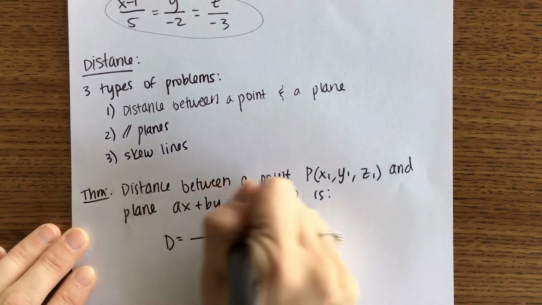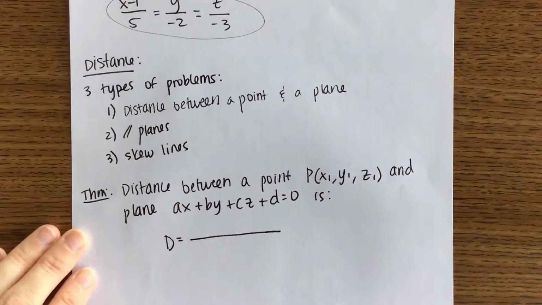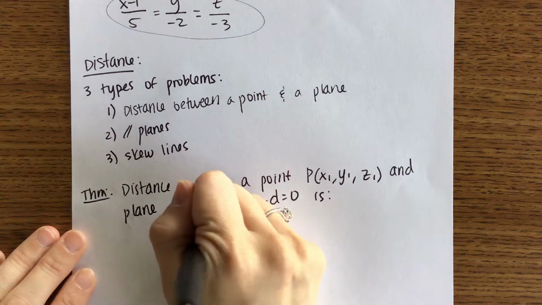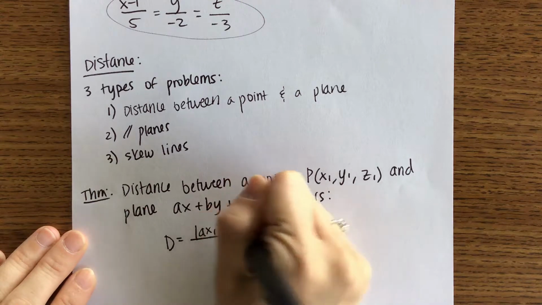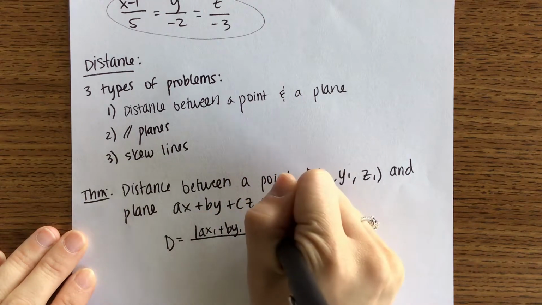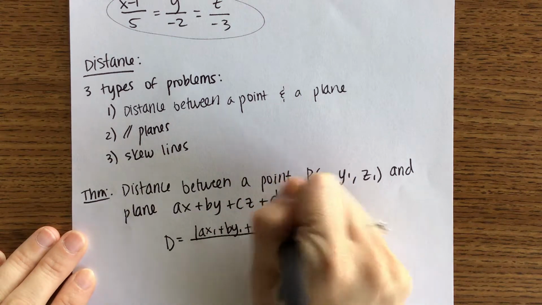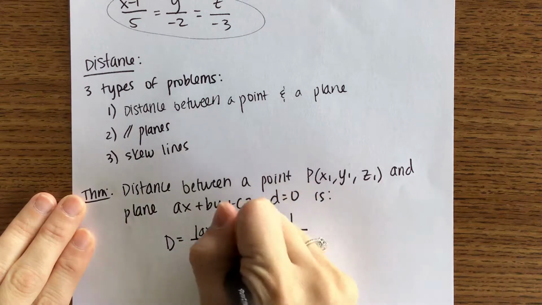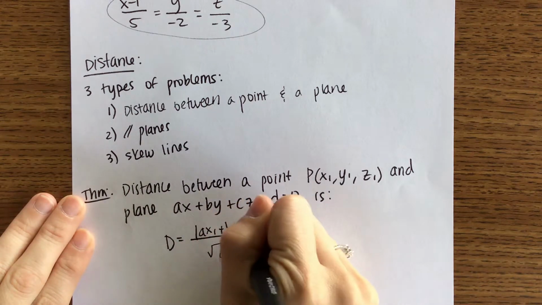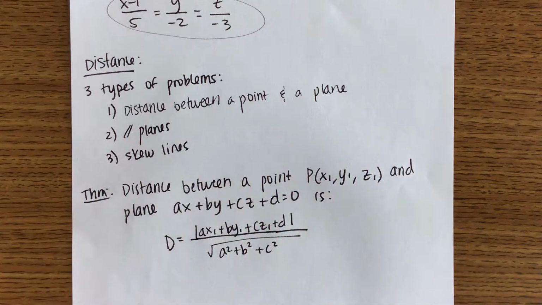D equals, the numerator is going to be the absolute value of a times x1 plus b times y1 plus c times z1 plus d. So those vertical bars in this case mean absolute value, over the square root of a squared plus b squared plus c squared.